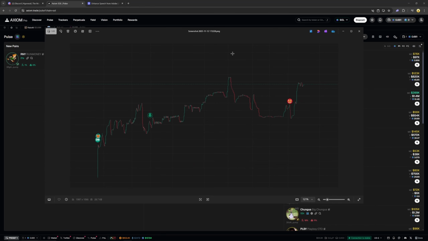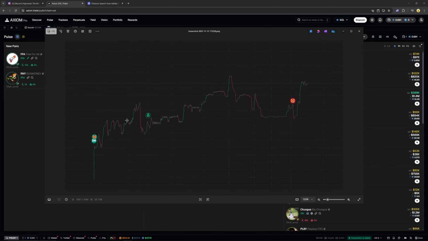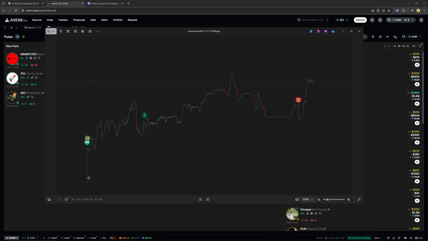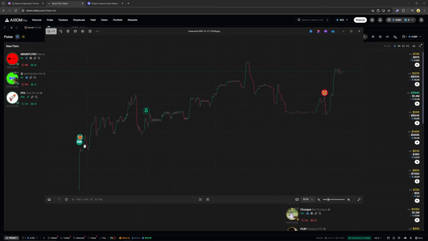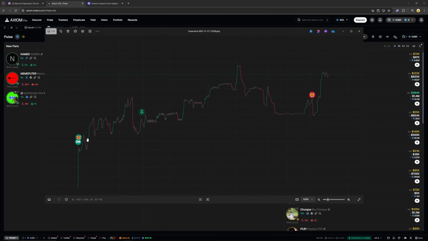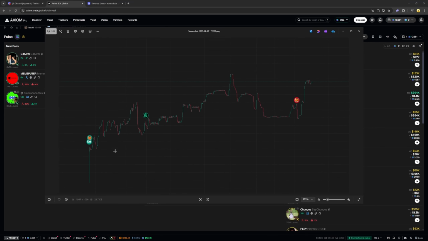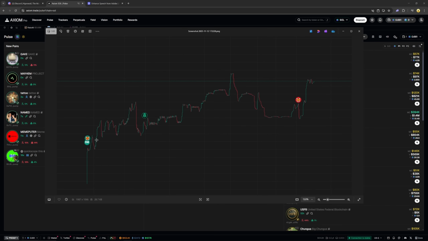The next type of fake chart is gonna be something like this, where you can see that the dev bought a lot. If you see this bubble DB, it stands for dev bought. So basically, if you see the DB but you don't see the red DS, which stands for dev sold, then it means that the dev is holding.